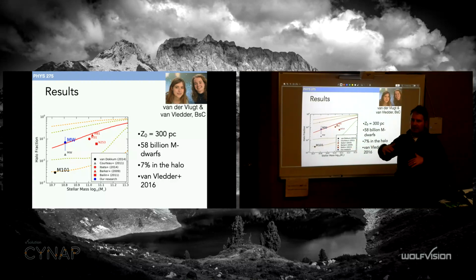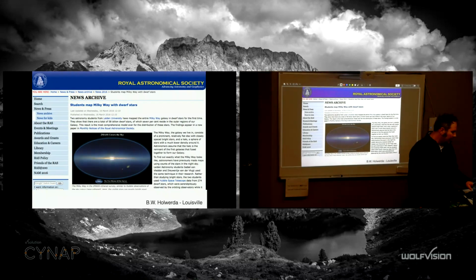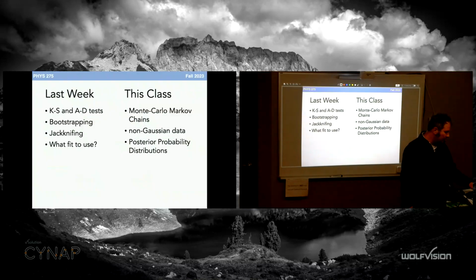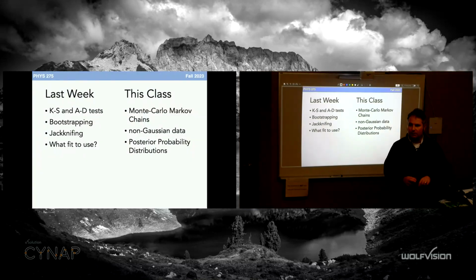The Milky Way is this big. The halo is this big. We end up with 58 billion of them, inferred from 274, because we constrained our model with the 274 and said, okay, well, we only get a really small part of the Milky Way. What's the total? So yay, that goes into the news.